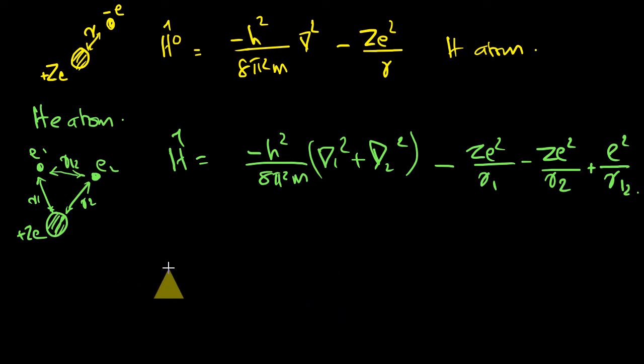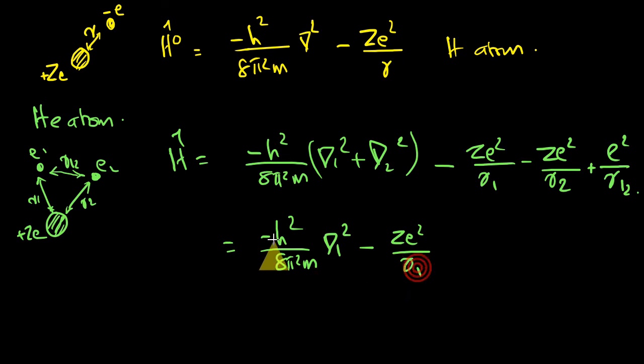And this Hamiltonian can be expressed like minus h square divided by 8 pi square m del 1 square minus Ze square divided by r1. Okay, let me put this together.